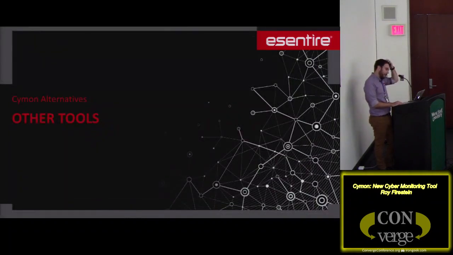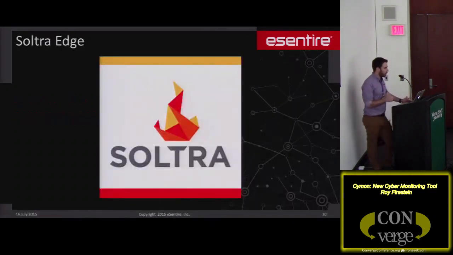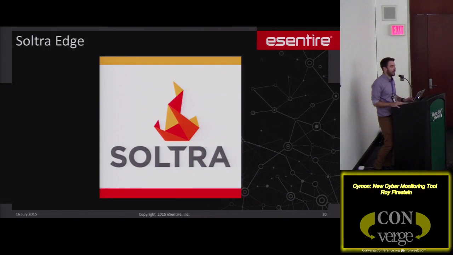Now, for the sake of full disclosure, I mentioned there are other tools out there, and I just wanted to mention them to you. Each tool does things a little differently. Some of them cost money, others you have to run by yourself. Soltra Edge is something that's being used by the FS-ISAC, so a bunch of financial institutions. But this tool only takes data in TAXII format.